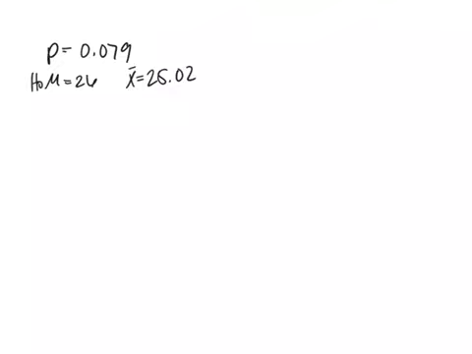I'm going to type this. Since my p-value of 0.079 is greater than my alpha of 0.05, I fail to reject the null hypothesis.